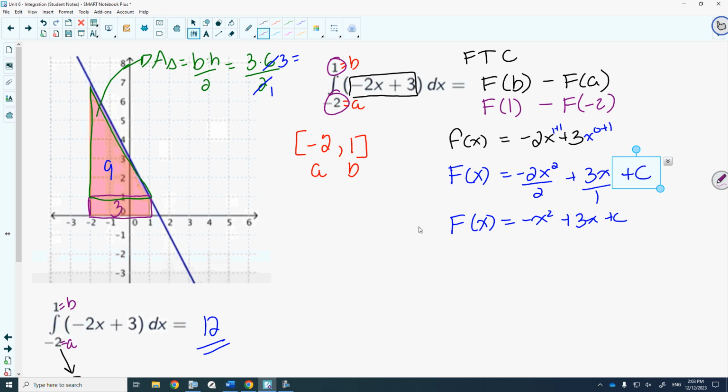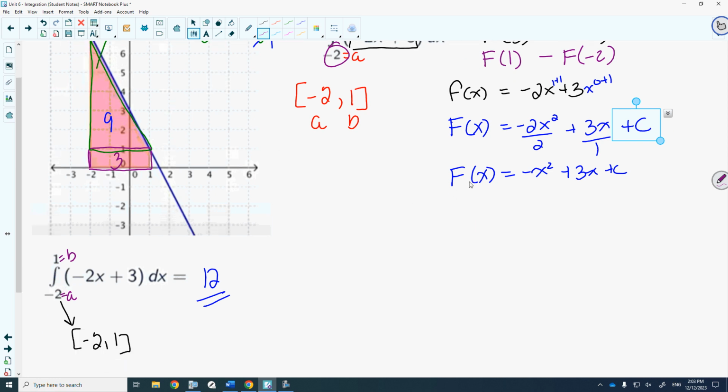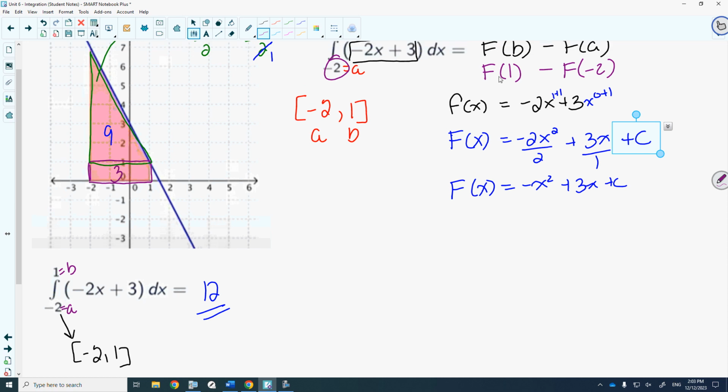So once you figure out what your antiderivative, big F of x, is, let's evaluate that at 1 and evaluate that at negative 2. Okay, so F of 1 is equal to negative 1 squared, which will be negative 1, plus 3, plus the constant of integration. F of 1 is equal to 2 plus c.